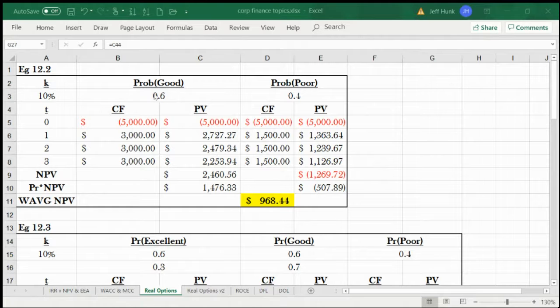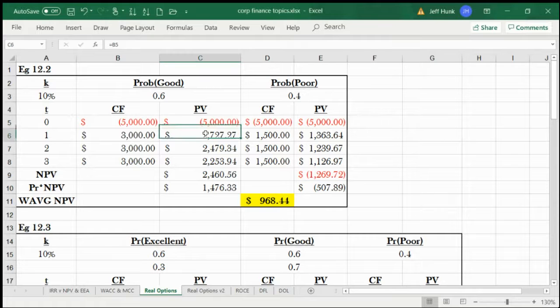At time zero, the initial investment is 5 million, right? There is a 60% probability it will be good, and there is a 60% probability it will be poor. Then we find the present values of these cash flows, right?